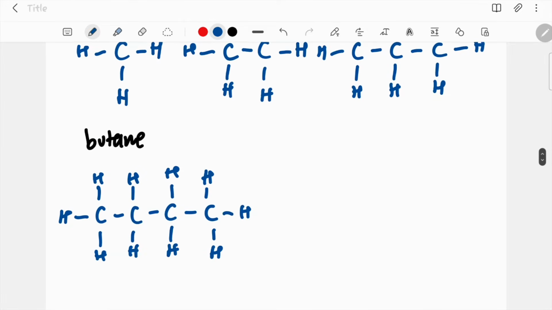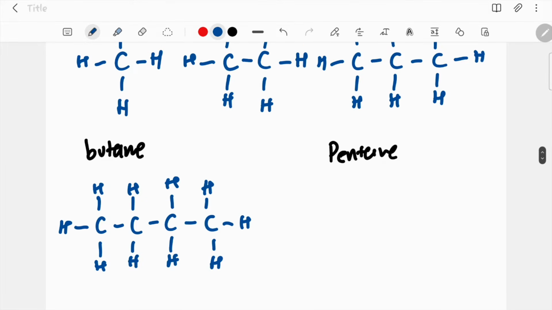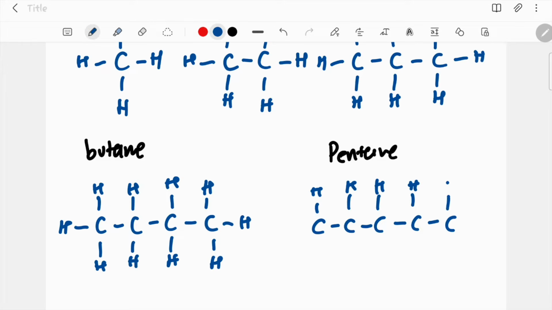Let's do the last one, pentane. Pentane means 5 carbons. Let's start off with the carbons, and then surround with hydrogens. There you go.